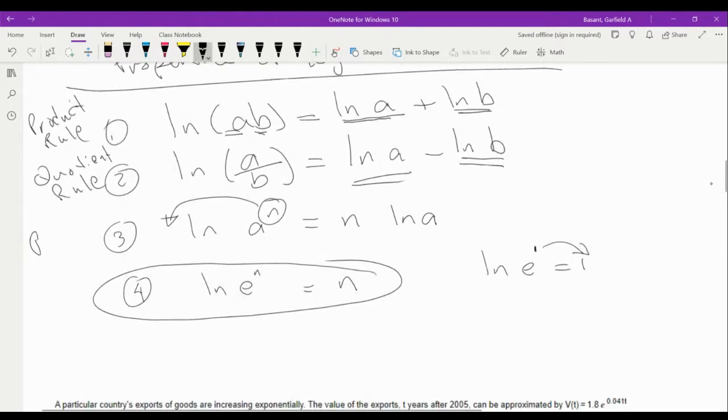Then we have the power rule. For logs, it says if we have the log of something raised to an exponent, we can move the exponent to the front to rewrite the problem and get rid of the exponent. And you'll see how all these three rules become handy later. And rule number 4 is one of the inverse properties of logs.